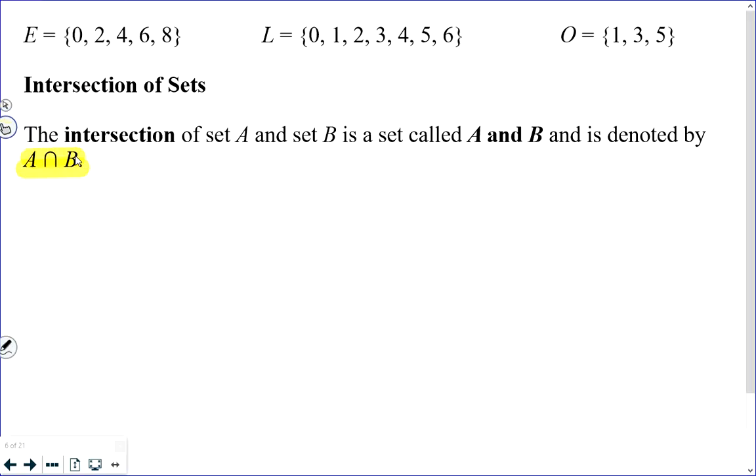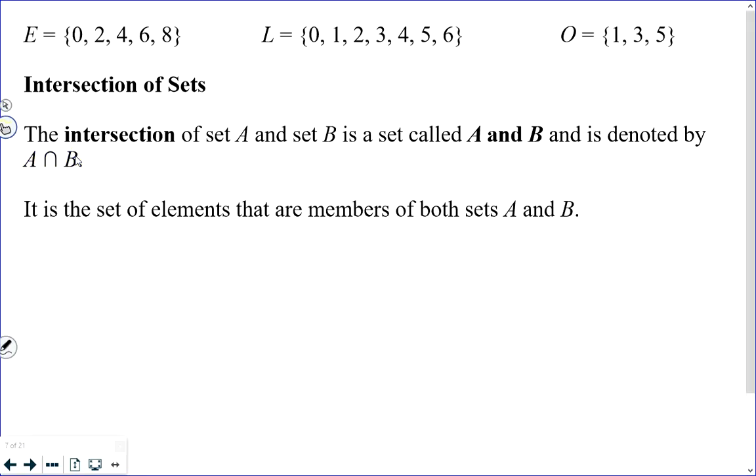You don't say A upside down funny U B. What you do, that part that I've highlighted in yellow, is you say that's the intersection of A and B. So you have to get used to that notation. What is this new set, which is the intersection of A and B? It is the set of elements that are members of both sets A and B.